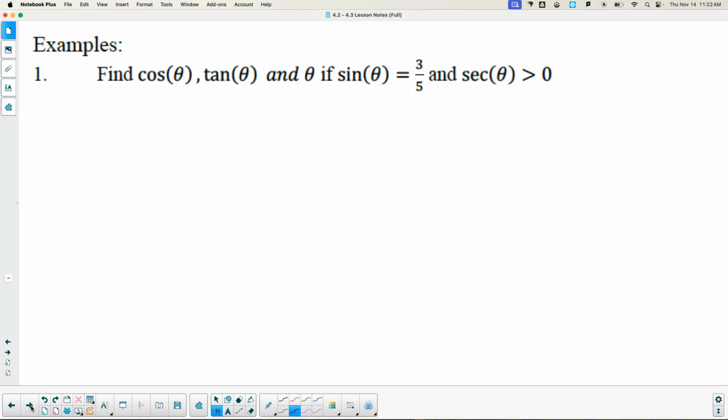So where is sine positive? Quadrants 1 and 2. Where is secant positive? Quadrant 1, right? Everything's positive in quadrant 1. Find me the quadrant 1 angle to go along with that.